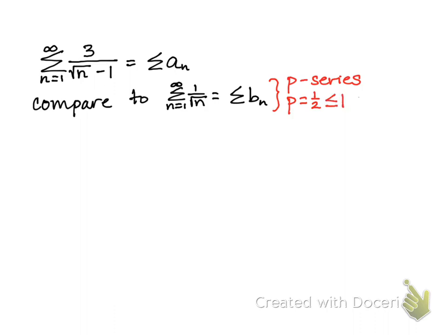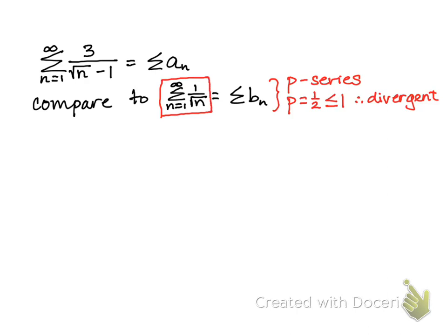Therefore, this p series is divergent. Really what we're saying is that we cannot find a sum for this p series, that this p series must add up to infinity.